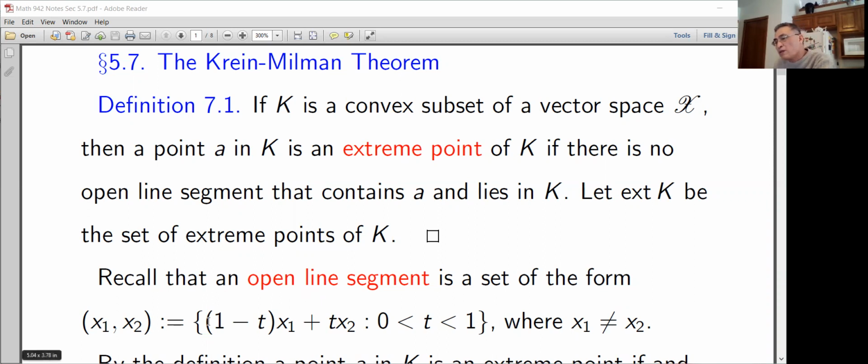The book includes that, considers that as an open line segment also, and they use a different term.